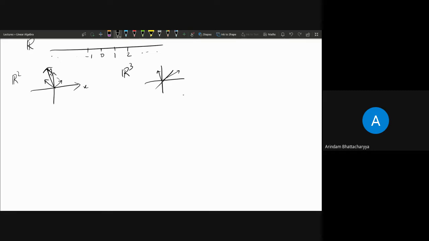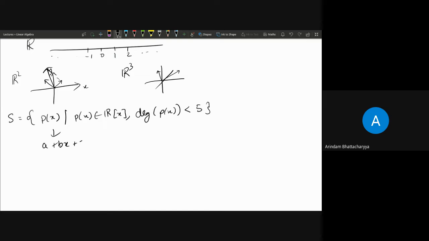Here's another example. Let's say the set S is the set of all polynomials in R of x with real coefficients, and degree of p of x less than 5. So this looks like a plus bx plus cx squared plus dx cubed plus ex to the 4.